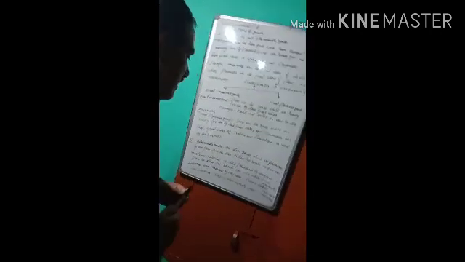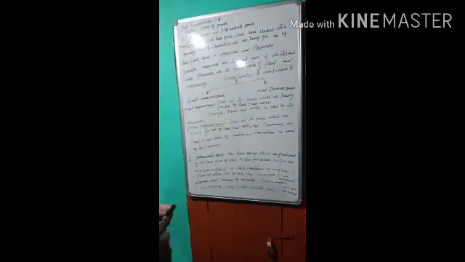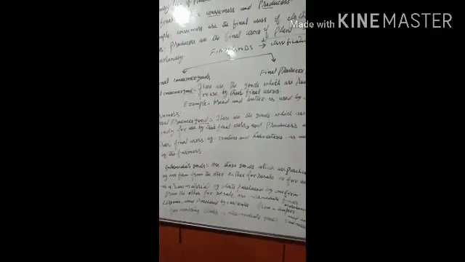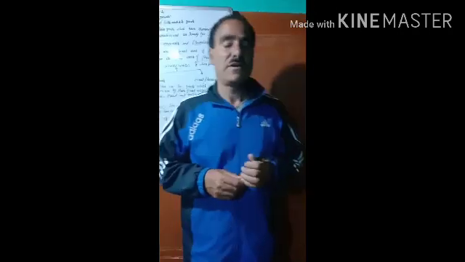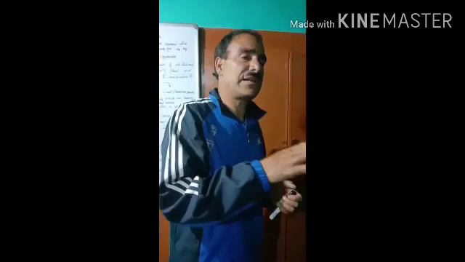Dear students, when one firm purchases a commodity from the other firm for use, a shirt which is produced by a firm is purchased by the second firm for resale.